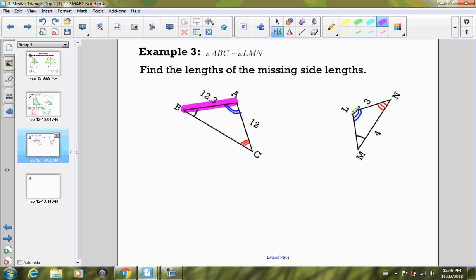I'm hoping all of you would say L and M. Why? I start at the double blue and I go to the black. Start at the double blue, go to the black. So that's similar there.